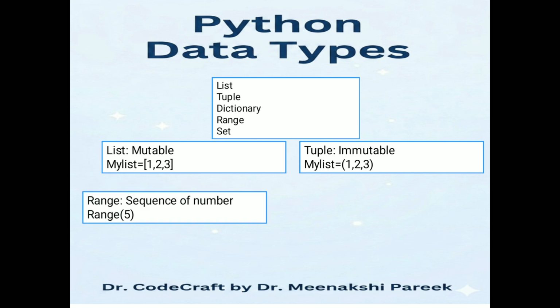The range represents a sequence of numbers. Here we use range 5, which means we have 0 to 5 values.